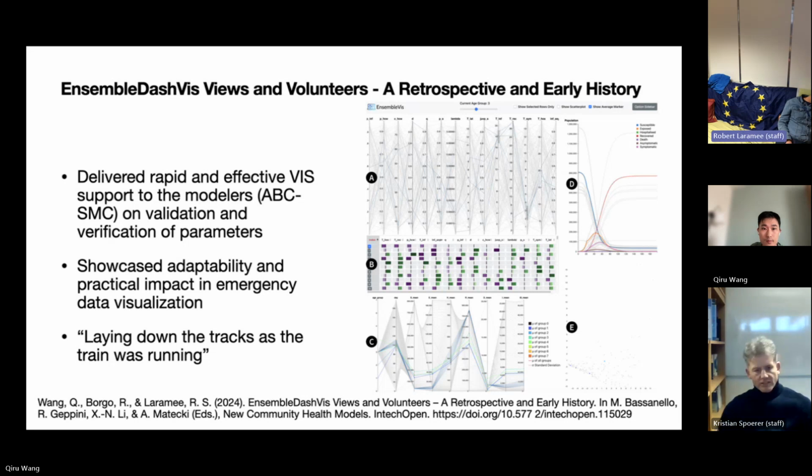What did you do differently during this project compared to the other projects detailed in your thesis? Because of the nature of laying down the track as you were going, what did you do differently? What did you learn from the project? Well, first of all, this chapter is very different from others.